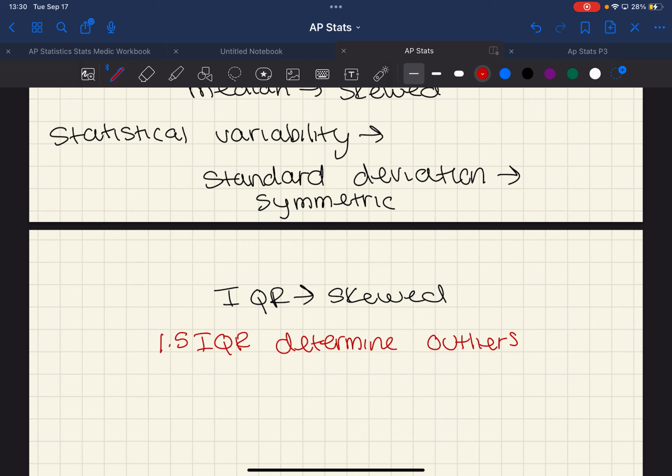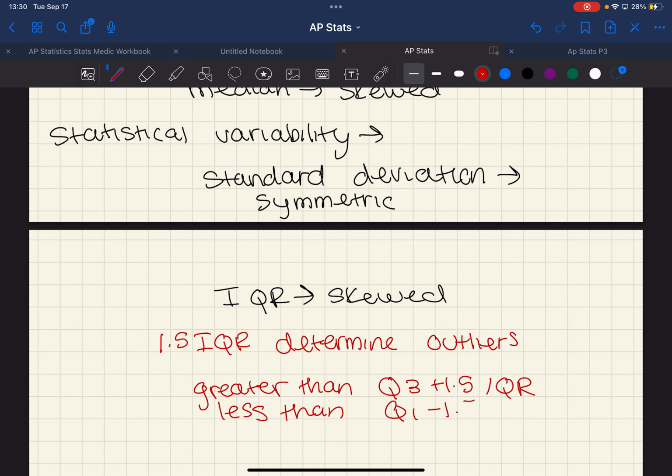And based off this, we know that an outlier is one that is greater than Q3 plus 1.5 IQR, or less than Q1 minus 1.5 IQR. Okay? If we have any data points that meet that criteria, then it's called an outlier.